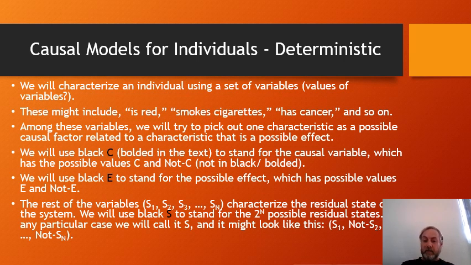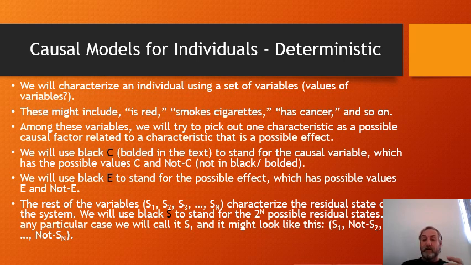Only some of them hopefully will be the ones of particular interest, right? One of those might be a causal variable that we're interested in, and one of them might be an effect variable that we're interested in. So has skin cancer might be one effect we're interested in, and has freckles or has fair skin might be another.